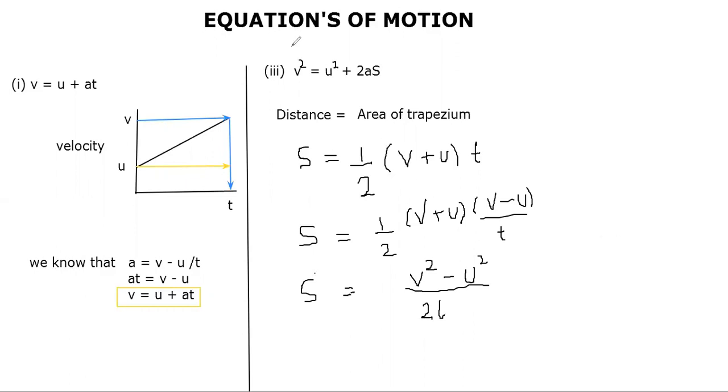I stand corrected, the formula of t was v minus u divided by a, so here it is a, not t. So cross multiply, you get 2as equal to v square minus u square.